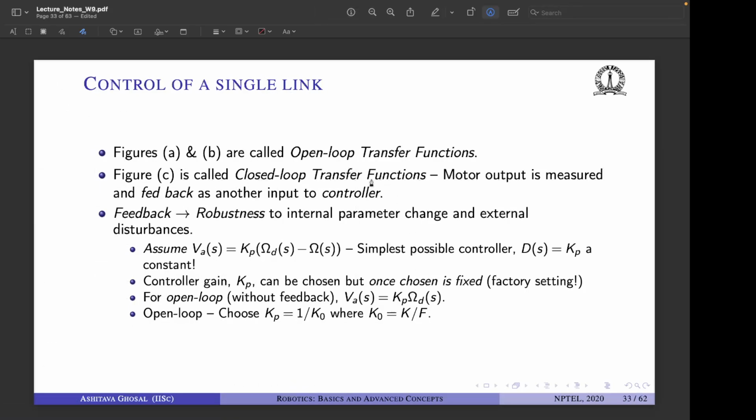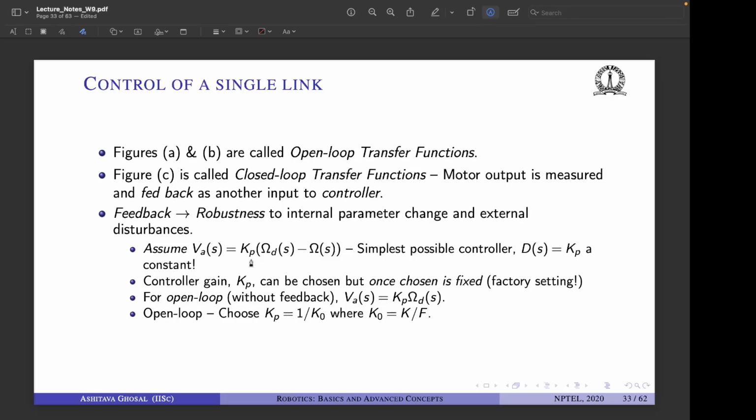So that's what is mentioned here, that we have the open loop transfer function and the closed loop transfer function. And what happens when we get feedback is that we get robustness to internal parameter change and external disturbances.